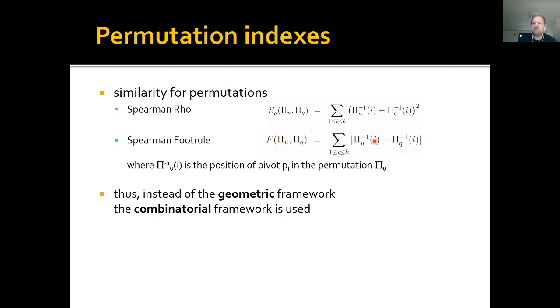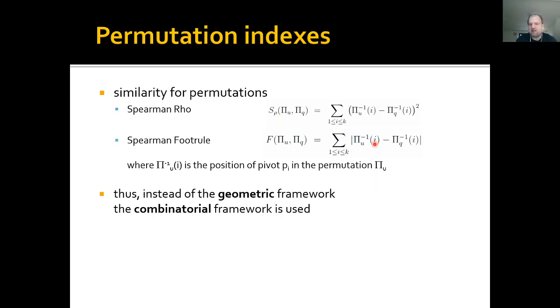And if the position of the same pivot is completely different in one permutation and the other, then this is probably a sign that these 2 objects are far from each other, because they see the pivot universe from completely different sides. So there is different ordering of pivots.